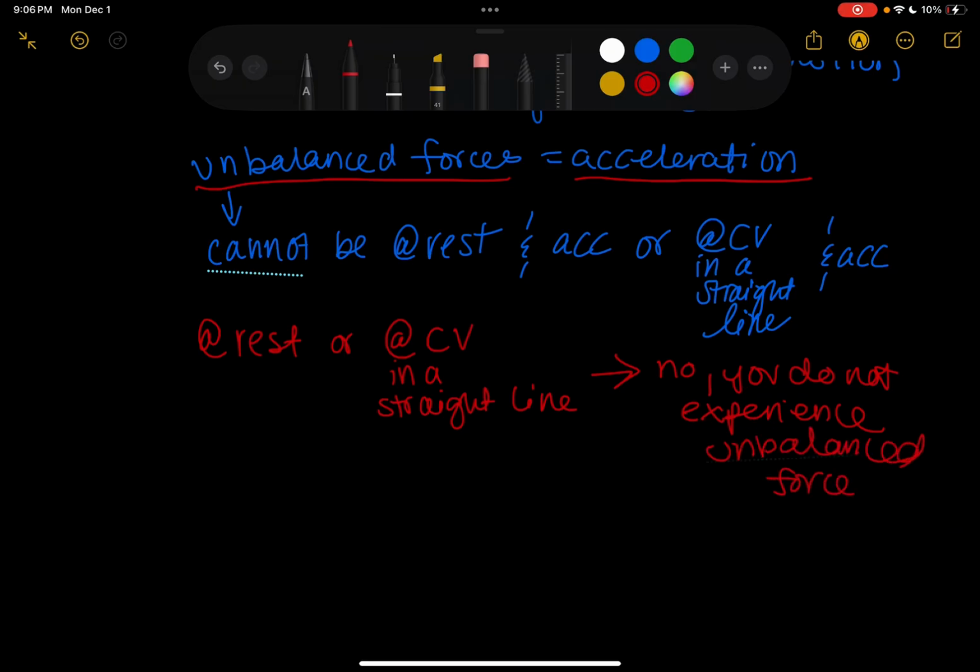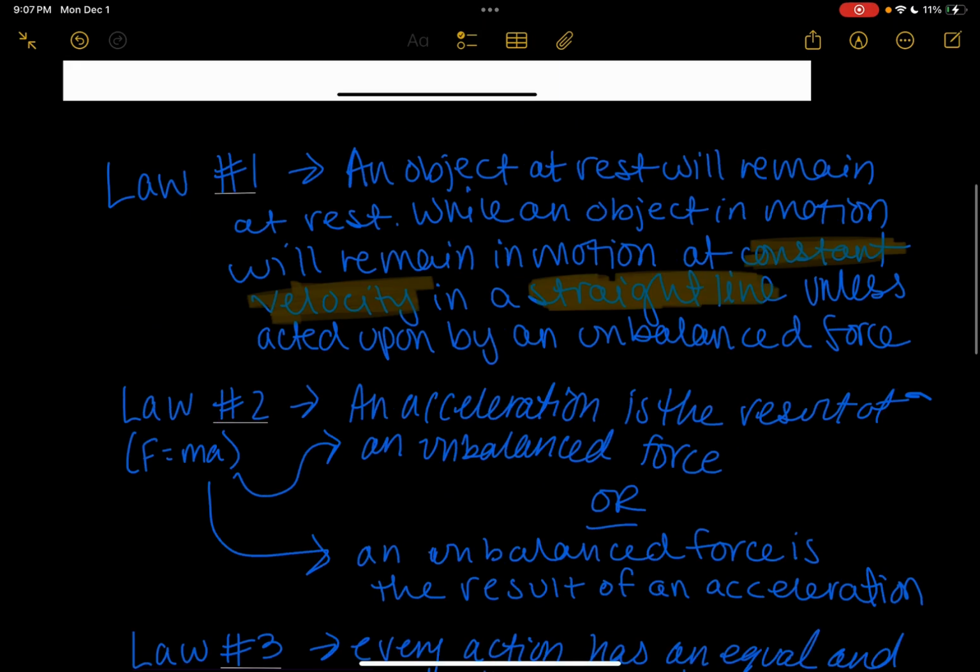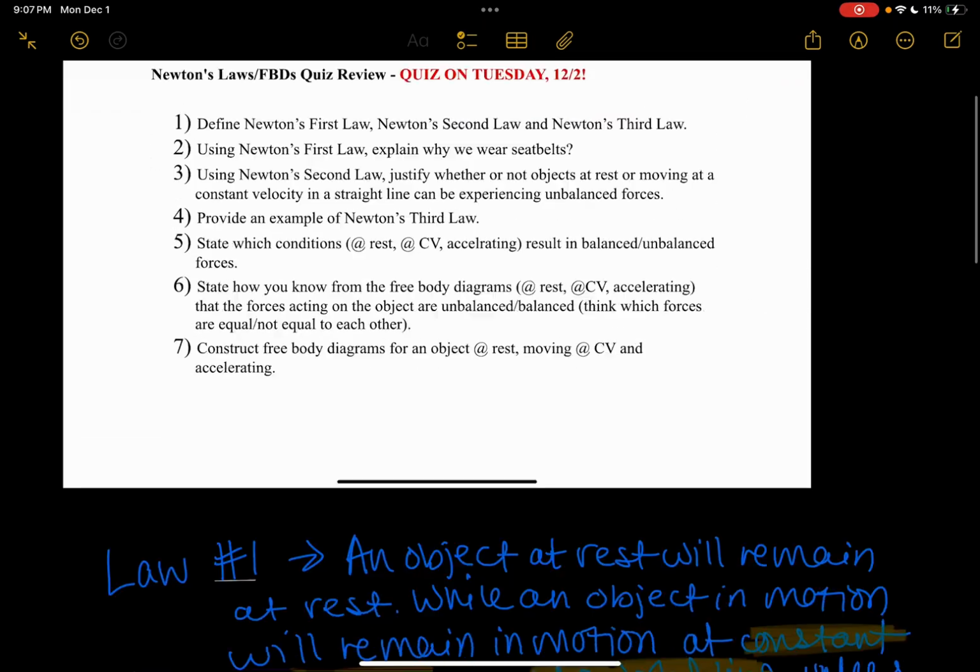Again, to reiterate, Newton's second law says an acceleration is the result of an unbalanced force or vice versa. So clearly you can't have an unbalanced force and then be in a condition other than accelerating. Okay? Then it says, provide an example of Newton's third law.